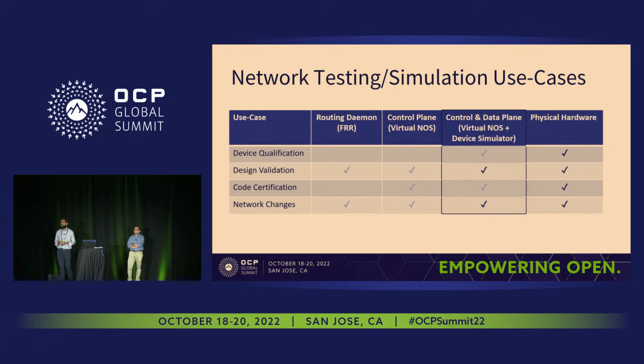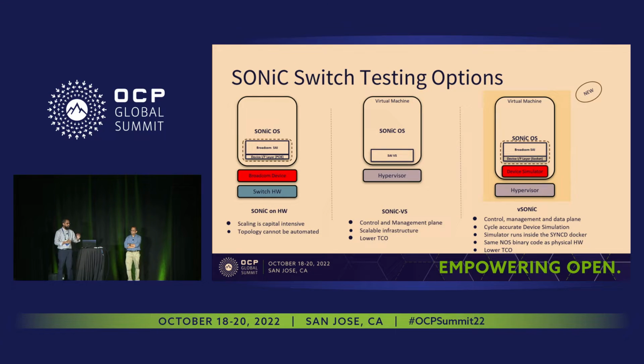The software and down to the SAI and SDK, ASIC SDK, drivers, and basically knock out a lot of the software testing, a lot of the bugs, and then maybe move on to the hardware and do the remaining over there. So it's a good compromise, right? The last two options let you do a lot of the testing without the associated cost, and the cost doesn't scale exponentially. So I'll hand it over to Guru.